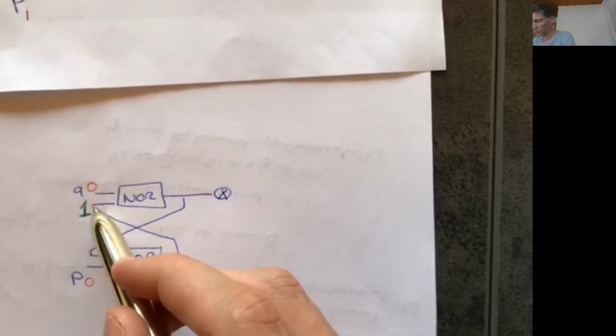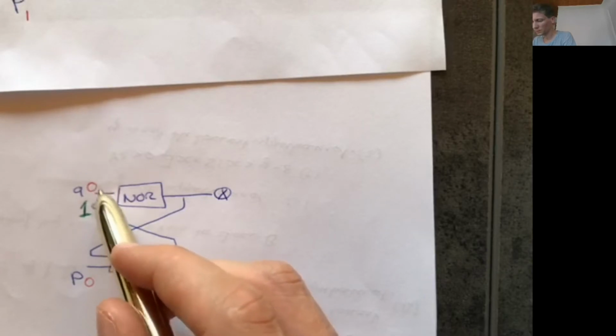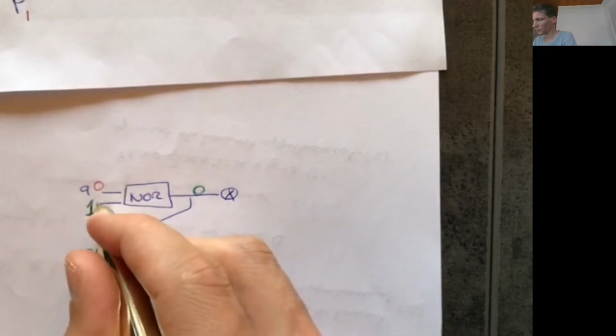If you have 0 and 1, then it's not the case that both are false. So here we will have a 0 as output, the light will not burn, and then the 0 will be 0 here. We have both zeros, this will be converted into a 1, and this is what we had before, right? So this is a stable equilibrium if this would be equal to 1.